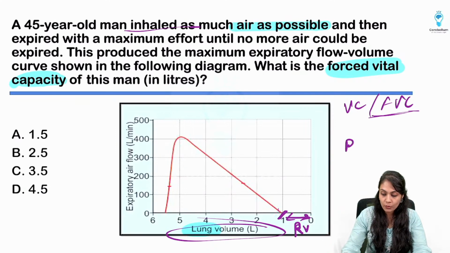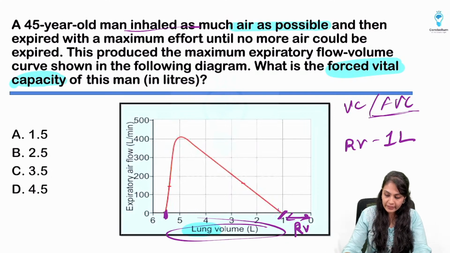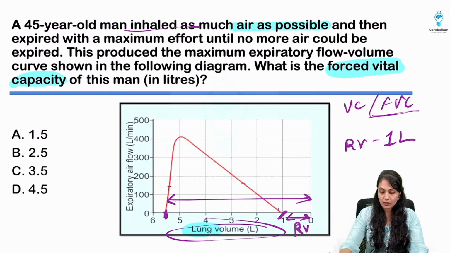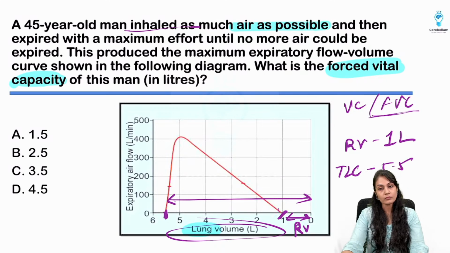How much is the RV over here? That is 1 liter, right? And around 5.5 liters is the volume over here. 5.5 is what volume? It is going to be your total lung capacity, isn't it? So total lung capacity is 5.5. So what you have to do is find out the vital capacity.